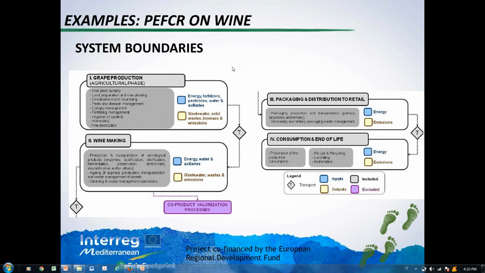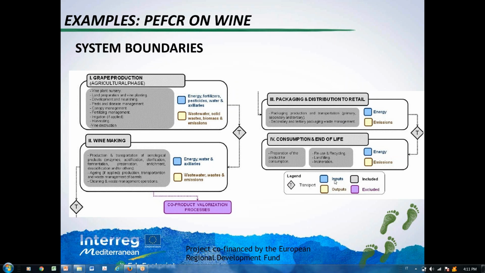As in the LCA methodology, they need to establish the boundaries of the study itself, and the phases that are checked. They are studied: grape production, winemaking, package and distribution to retail, and consumption and end of life.